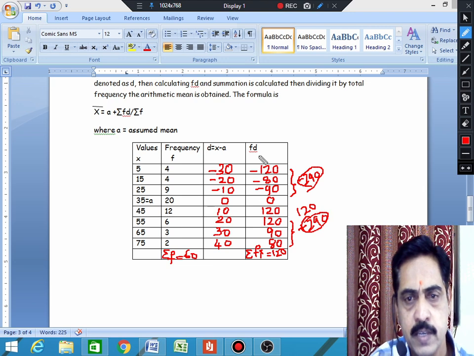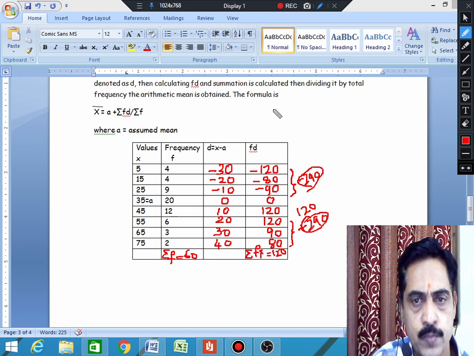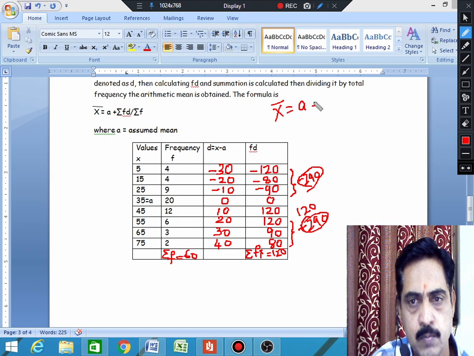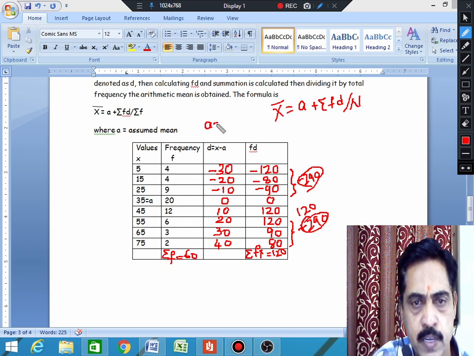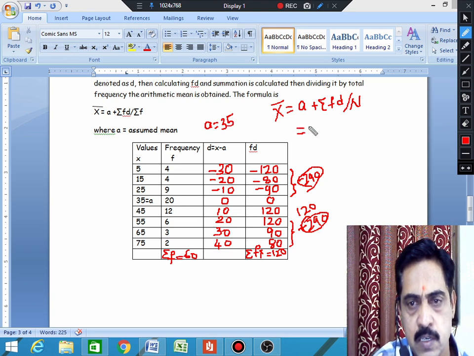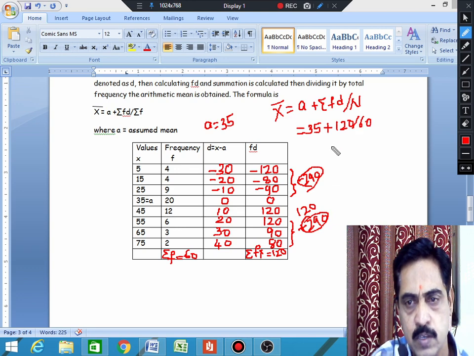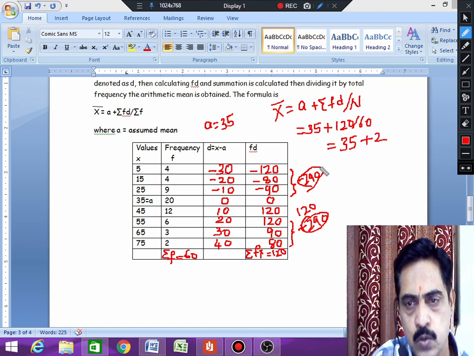Now calculating the arithmetic mean, the formula we know is x bar equal to a plus summation fd divided by n. As we know a is 35, so we write 35 plus 120 divided by 60, which equals 35 plus 2.